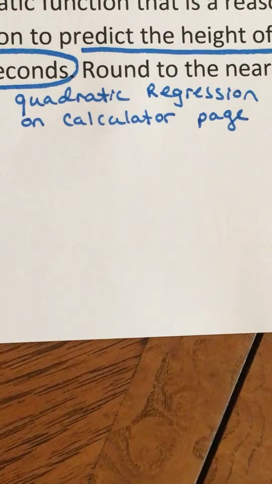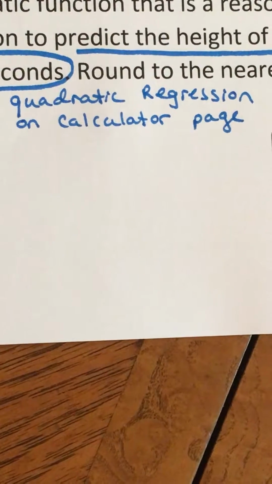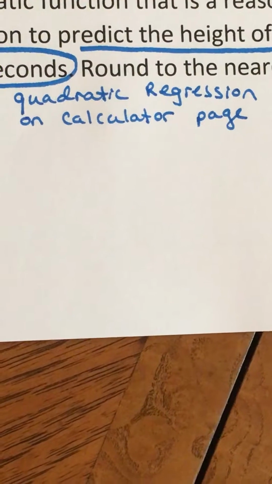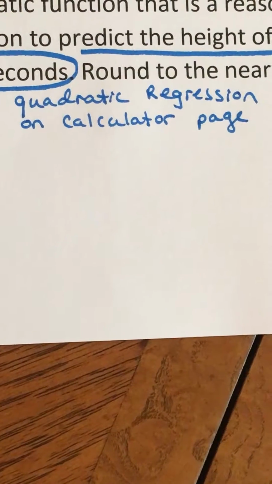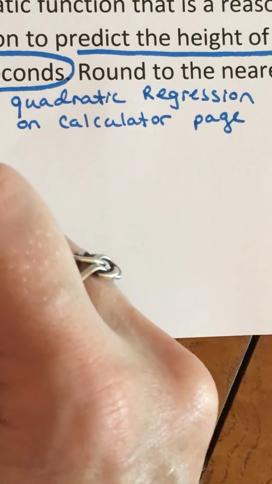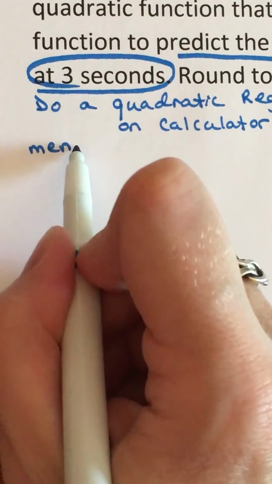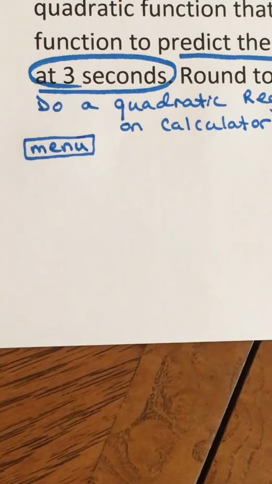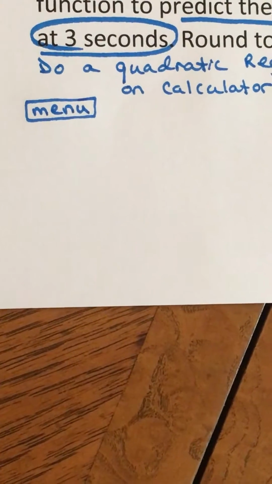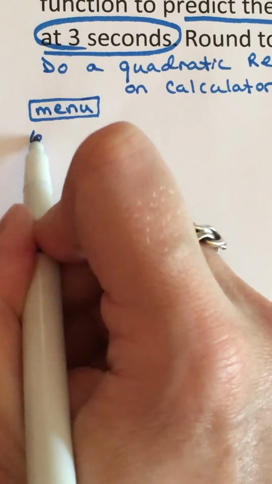So when you do this, we're going to go through a series of buttons and then type in all of the information from our table. So let's find out what those buttons are. You're going to press Menu. After Menu, you're going to push 6 for Statistics.